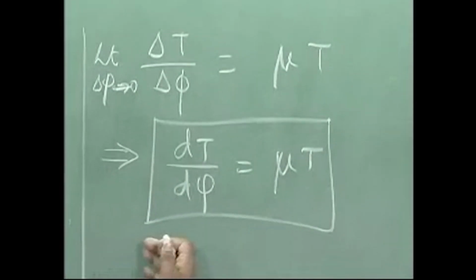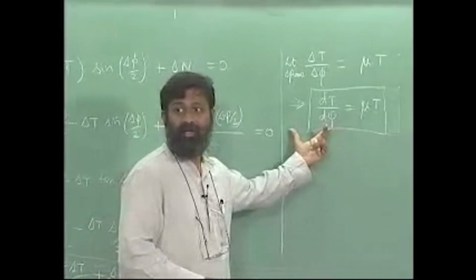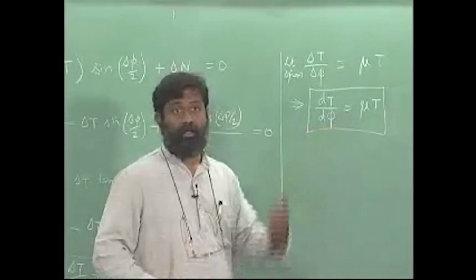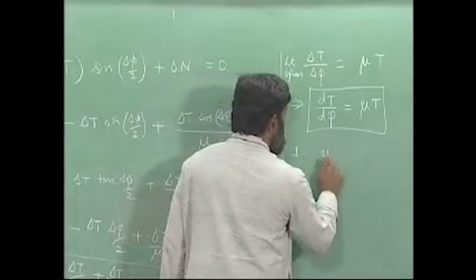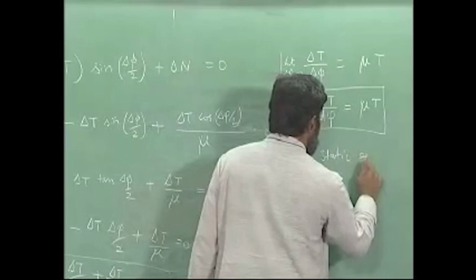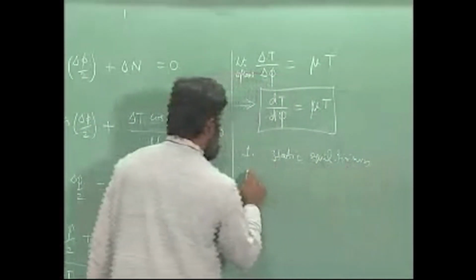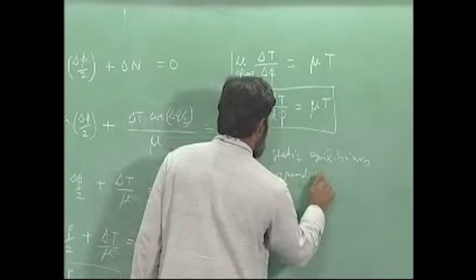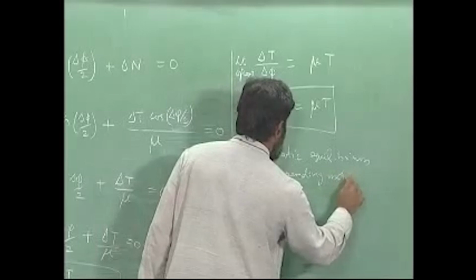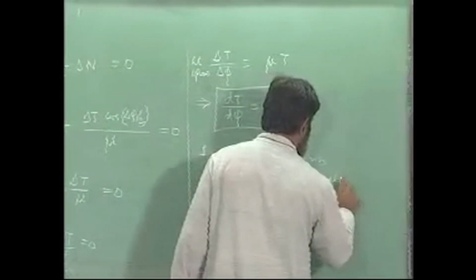Now this relationship can be used because this is coming from equilibrium. There are two conditions that we applied. One is static equilibrium, the other is impending motion, along what direction? Along T2, along T1.